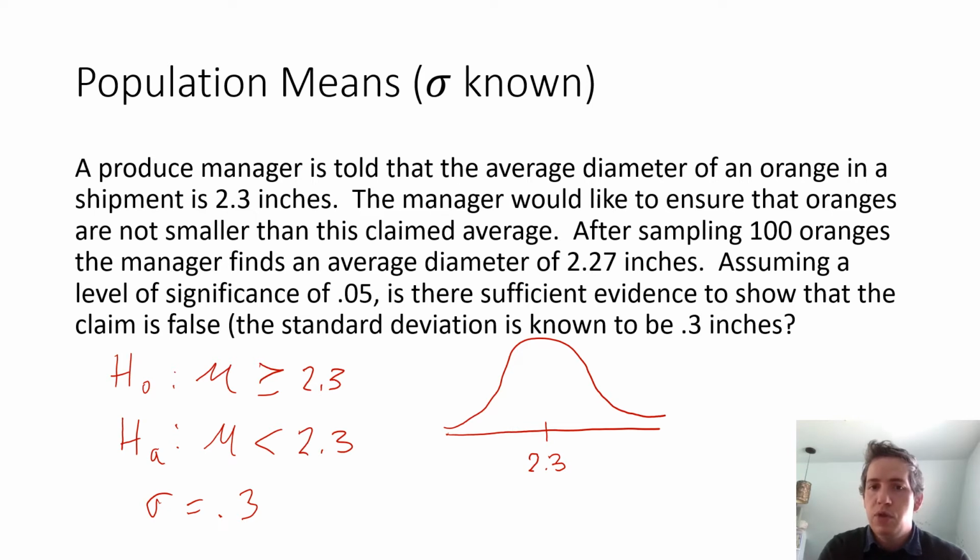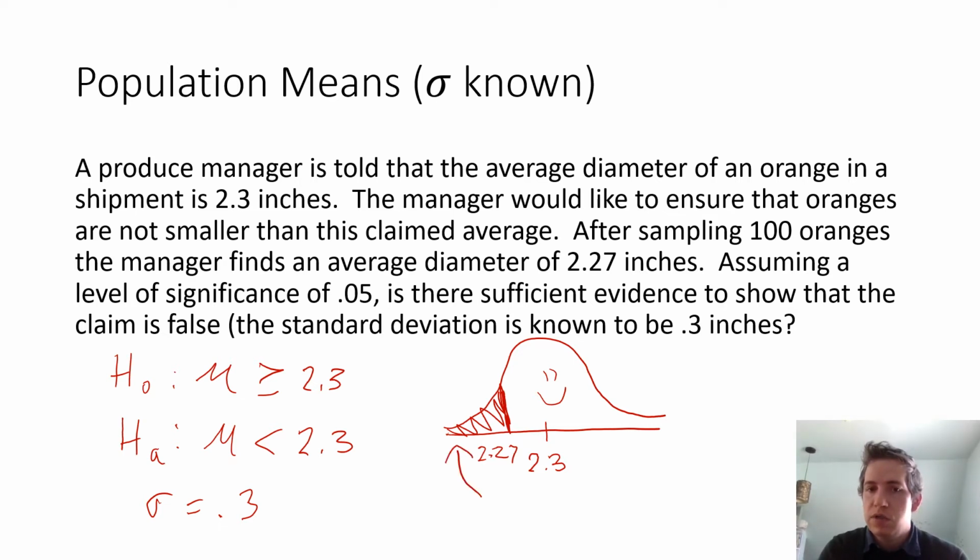So we get 2.27. It lands somewhere over here. We don't know exactly where. But we want to know that it's actually sitting in the bigger region. This would make us happy. But the question is then, what is the probability that I get something as low as 2.27, assuming that it's true that 2.3 inches is the average?